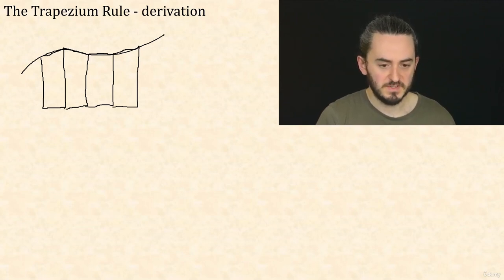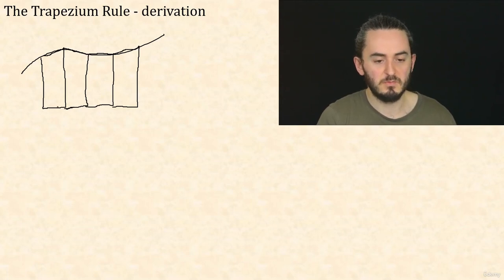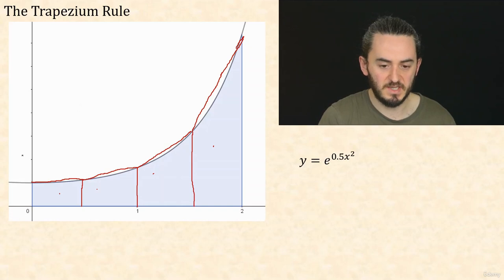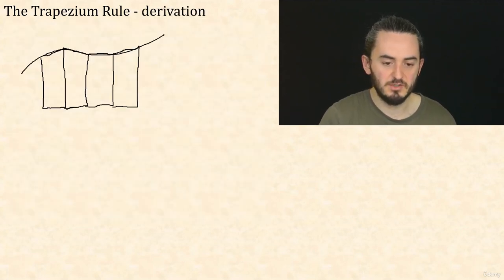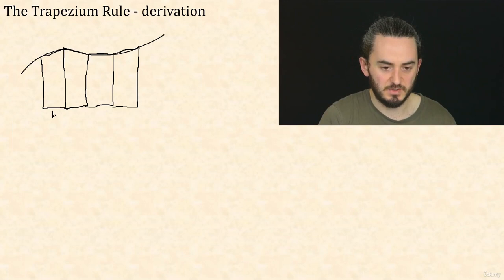So the first thing to say is, how wide are they? Well, it depends what we're doing. In this case, the width I've decided to take from 0 to 2 and split into 4 chunks. So the width here would be a half. Let's just say that in general it's h. We just call it h in each case. So h, h, h, h.